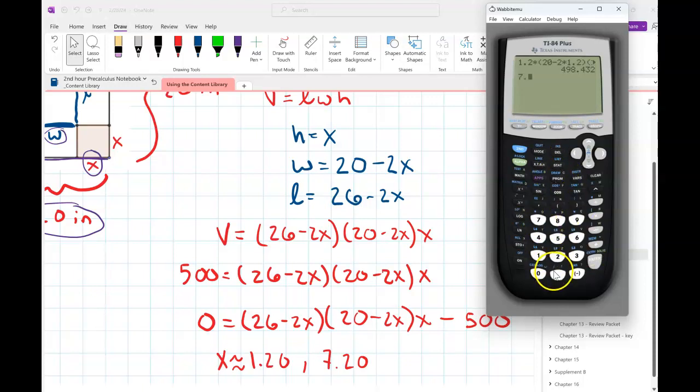If I do the same thing with the 7.2, guess what's going to happen? I'm going to get like the same thing, right? Ooh. Did I miss something there on that?